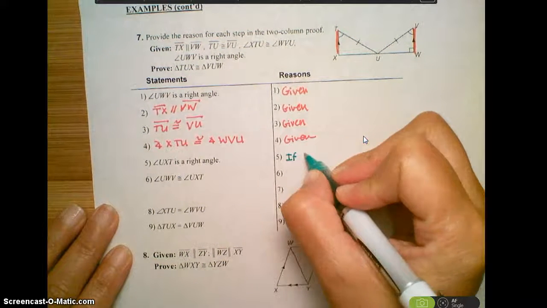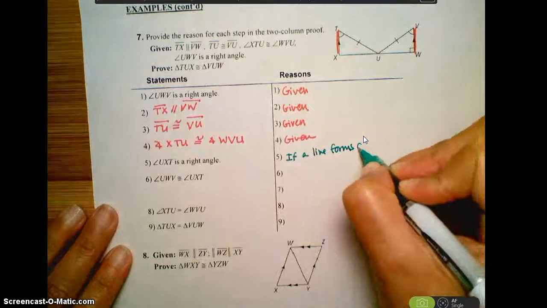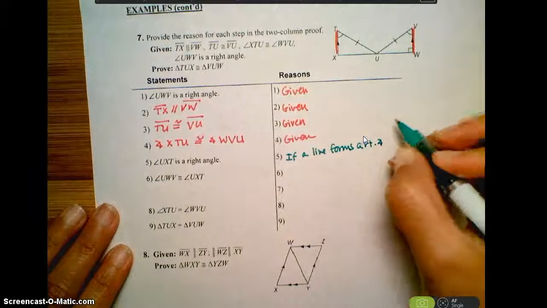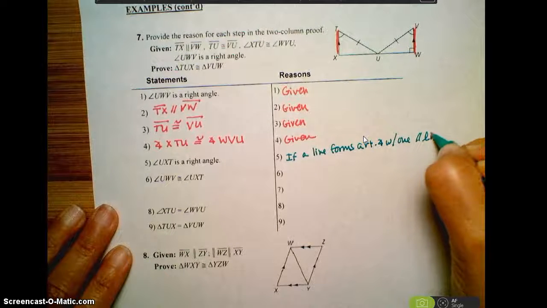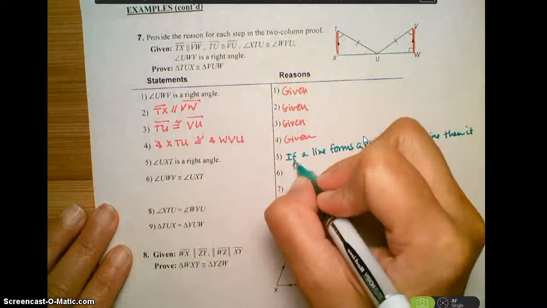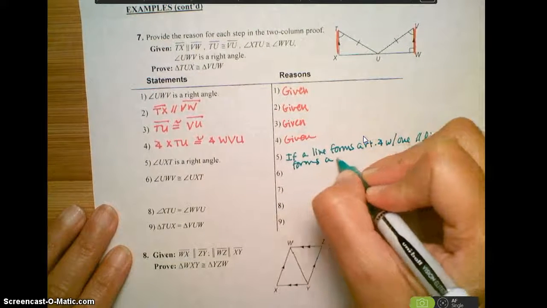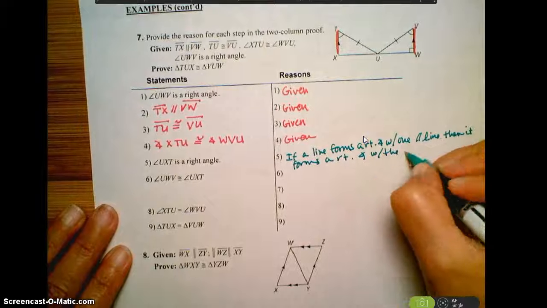So if a line forms a right angle with one parallel line, then it forms a right angle with the other parallel line.